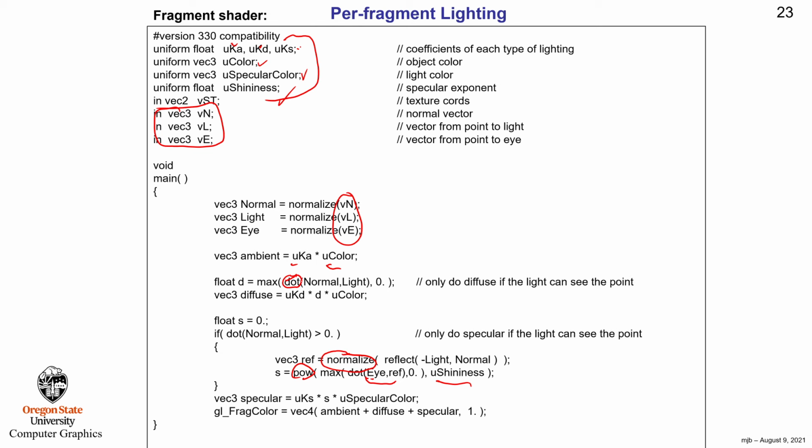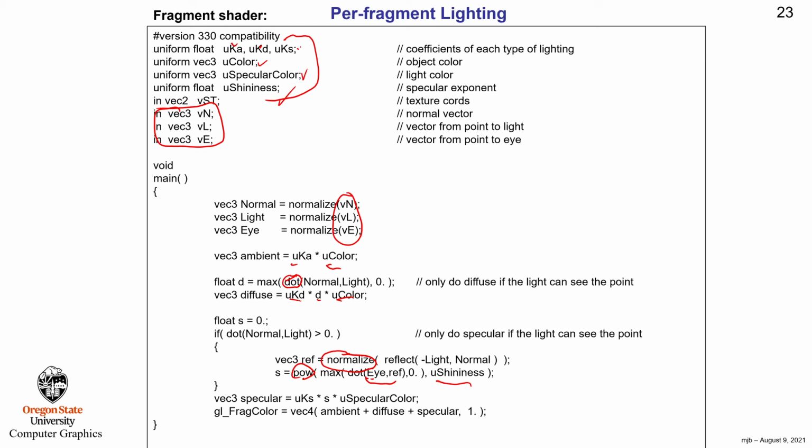And so that's why we're doing this max. It basically is like an if statement. If the dot product is negative, use 0 for D. And then we're taking that D, which is the dot product, times the color of the object, times this. And oftentimes I use like 0.6, 0.7 for Kd. I like a lot of diffuse.